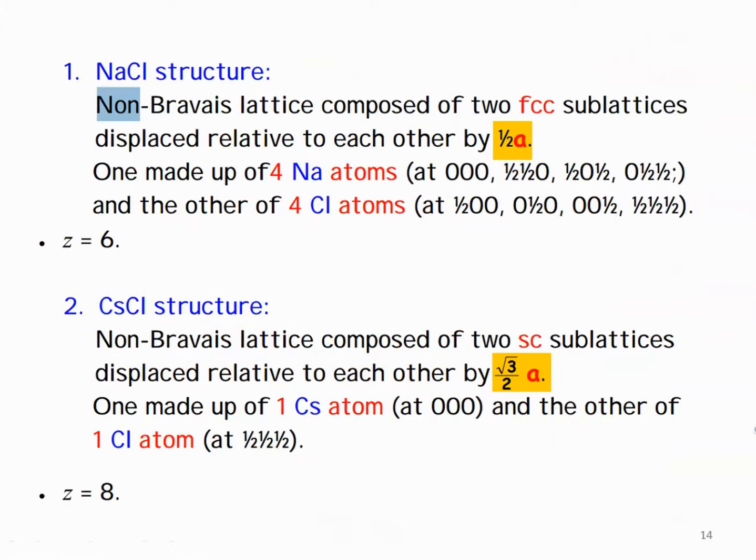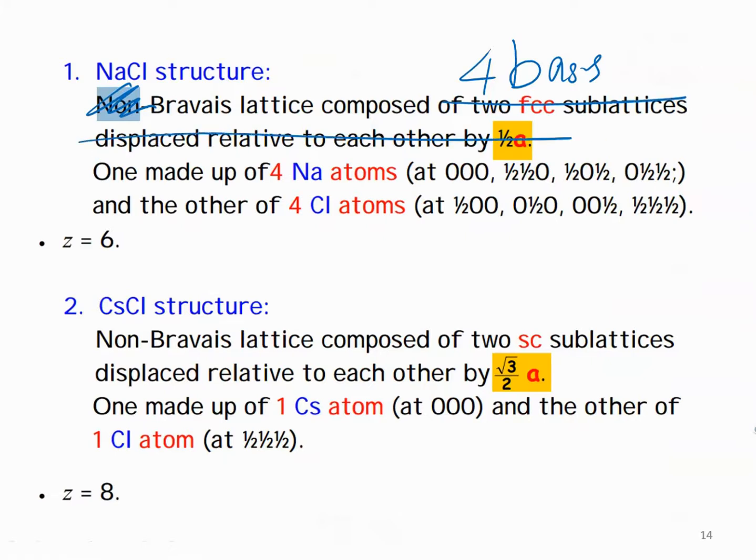Okay, so the sodium chloride structure can be one Bravais lattice composed of 4 basis. That's the first option.